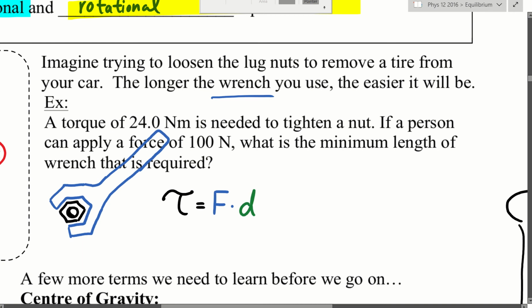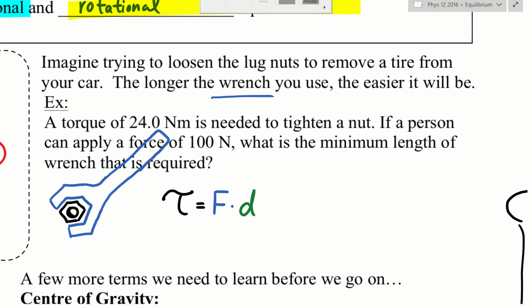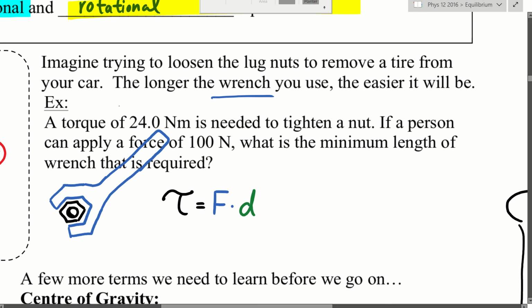Now, as you can see from this picture, let's say you have an applied force of 100 Newton. So you're going to apply a 100 Newton force somewhere, right? But where you apply that force depends on you.